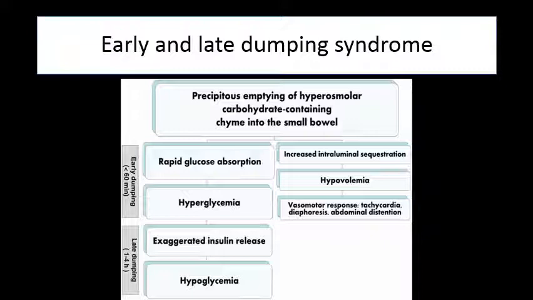There is a vasomotor response, tachycardia, sweating, abdominal distension, and there's hyperglycemia because of increased movement of food into the small intestine. However, in 1 to 4 hours there's late dumping, because the excess glucose causes excess insulin release, and that suddenly causes the glucose levels to fall, leading to hypoglycemia. So that's what happens in late dumping.